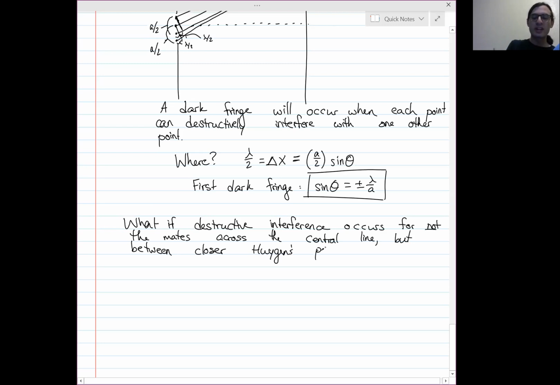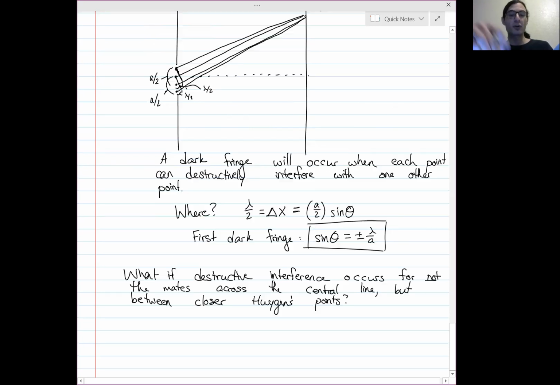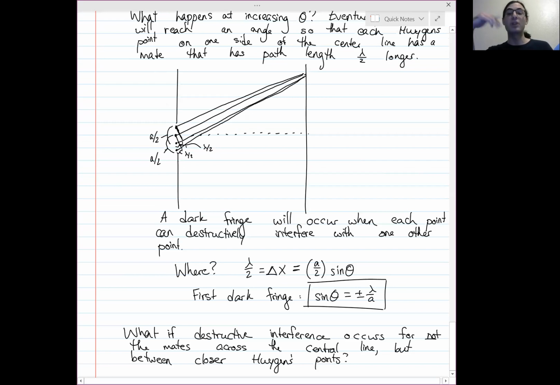So what we looked at is the very largest separation that you could have for destructive interference to occur. Complete destructive interference, meaning that every point destructively interferes with another point. The largest separation could be A over 2.